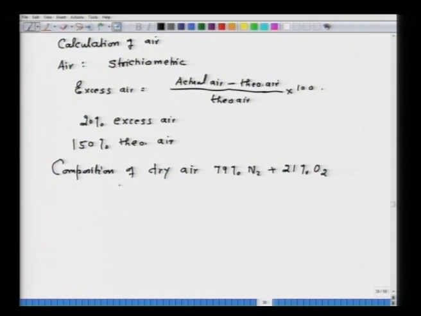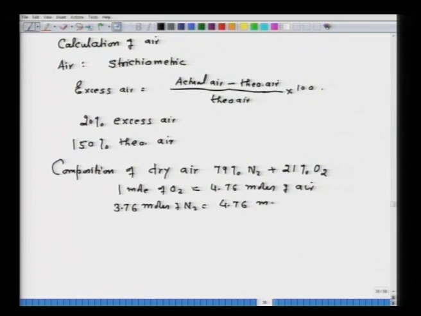So, 1 mole of O2 is equal to 4.76 moles of air, or 3.76 moles of nitrogen plus 1 mole of oxygen is equal to 4.76 moles of air, whichever way you want to understand.